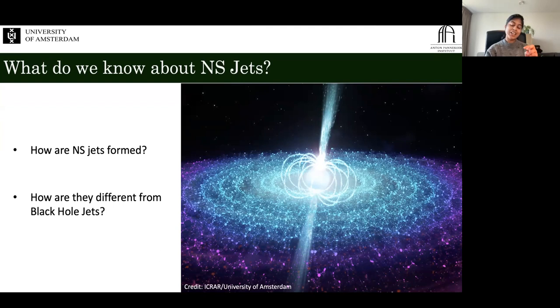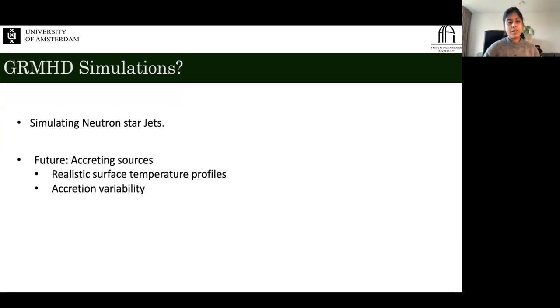So by studying these systems, you can figure out the effect of the spin and the magnetic field on the jet power. So this can maybe help us to go a step further in understanding how these relativistic jets are actually formed. So GRMHD simulations can help in understanding these neutron star jets.